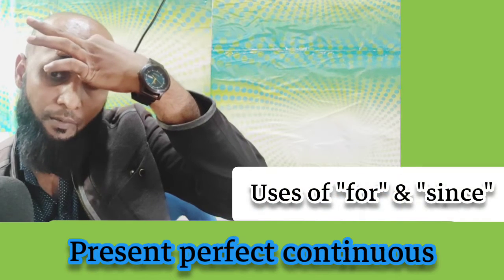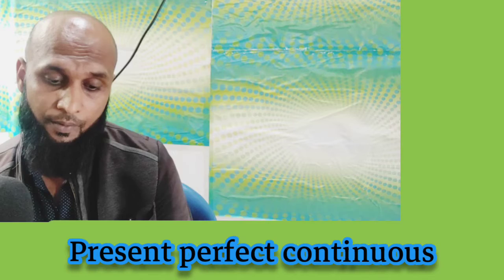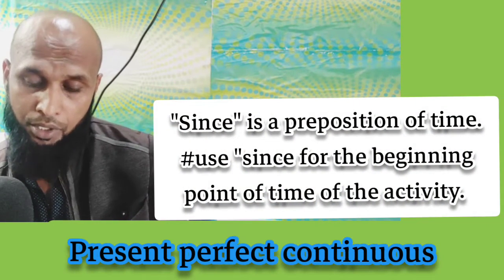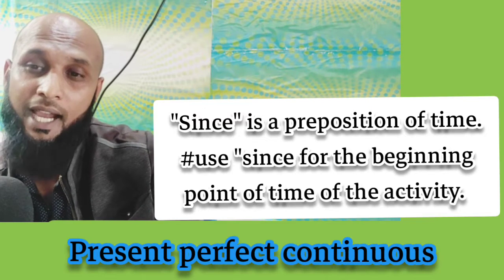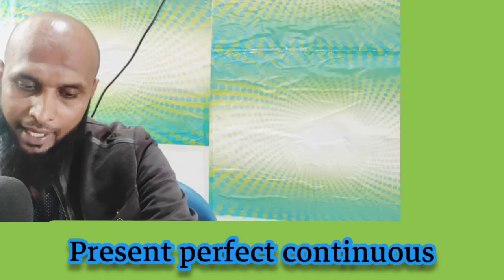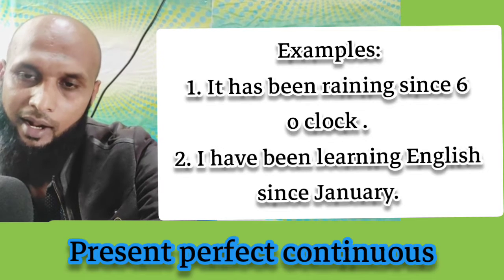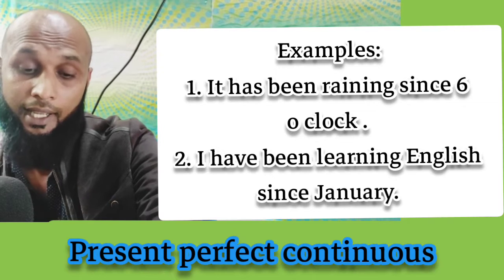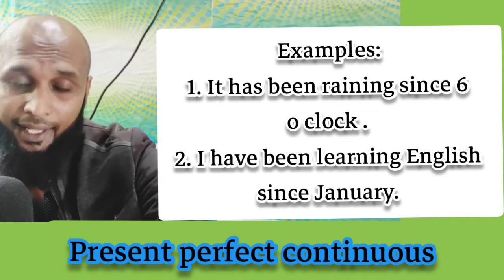Now since, when to use since? The word since is a preposition, and we use it when you are talking about the beginning point of the time of the activity. So for example, it has been raining since 6 o'clock in the morning. It has been raining since, that's when it started raining.